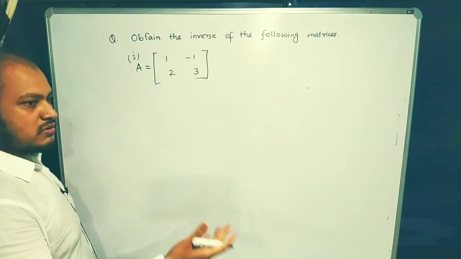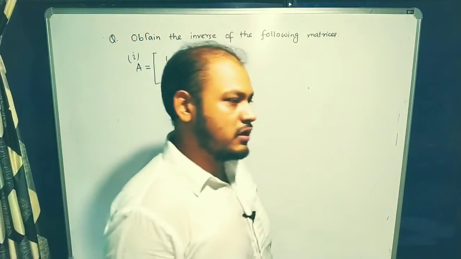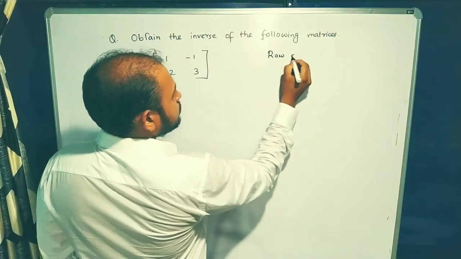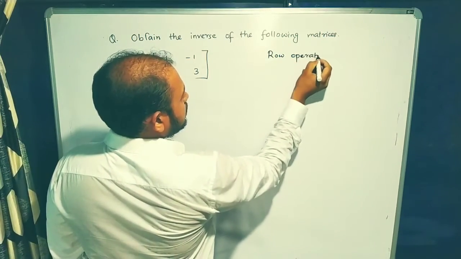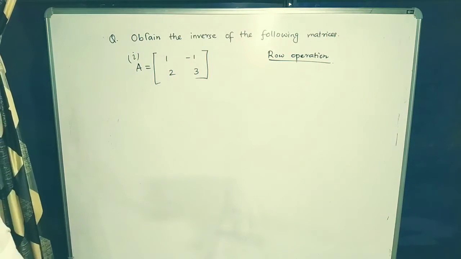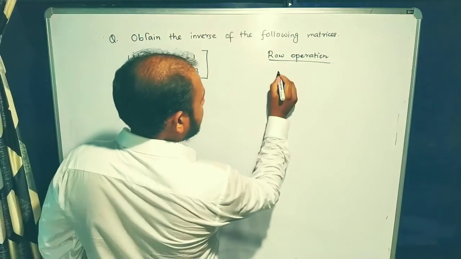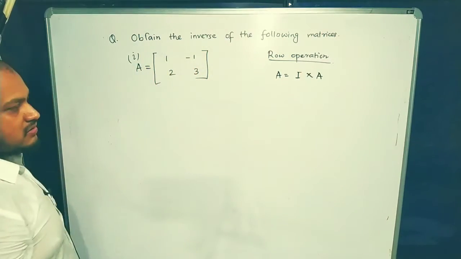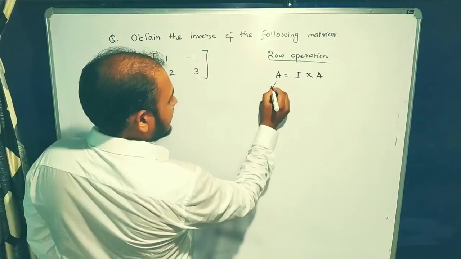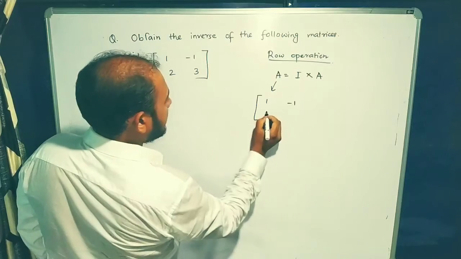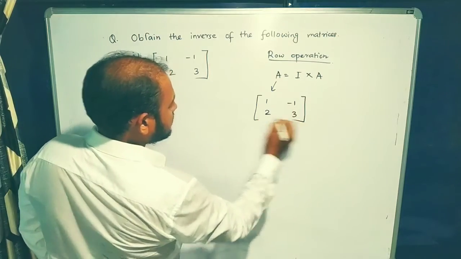So you choose the row operation or you choose the column operation. In our example, let us select the row operation technique. Remember, in our first step, what should we write? We should write that A is equal to I into A. So A you put as it is, 1, minus 1, 2, 3.